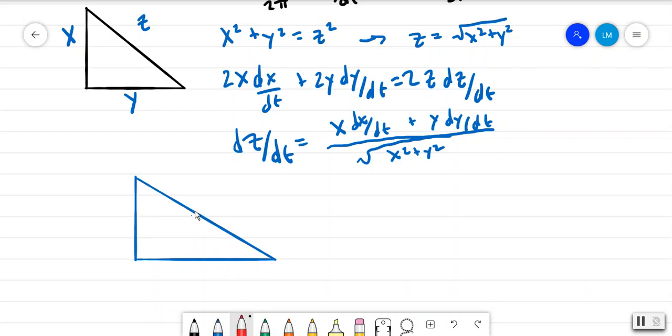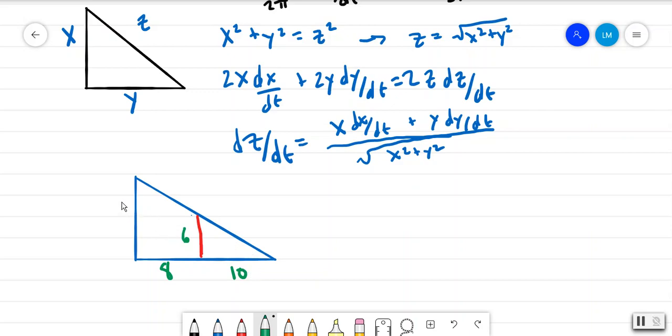Okay, so this man is about 6 feet tall. The distance that he stands from a light pole is 8 feet, and the distance between him and his shadow that's cast is 10 feet.